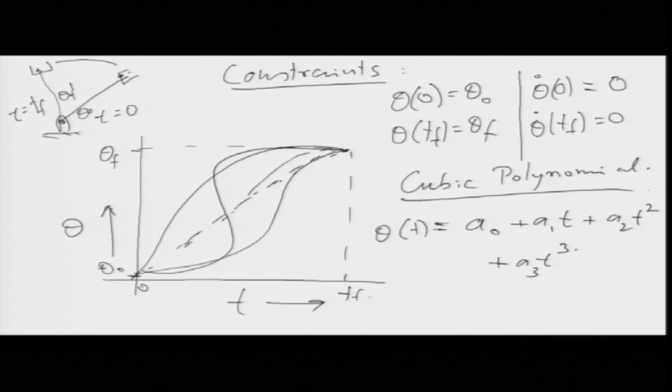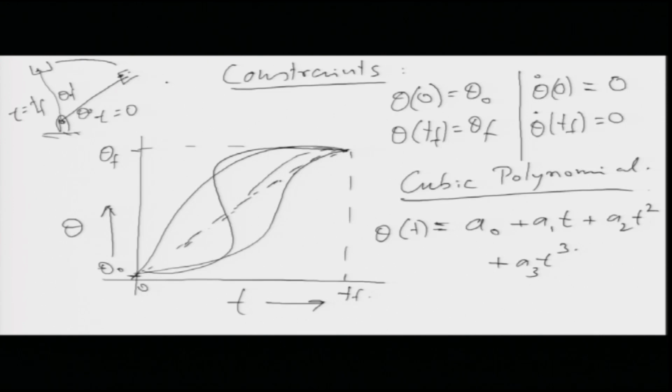Now, we said that we also want the velocities and the accelerations. How do we get velocity and accelerations? If I write the equation again, theta in terms of time is equal to a naught + a1 t + a2 t squared + a3 t cubed.